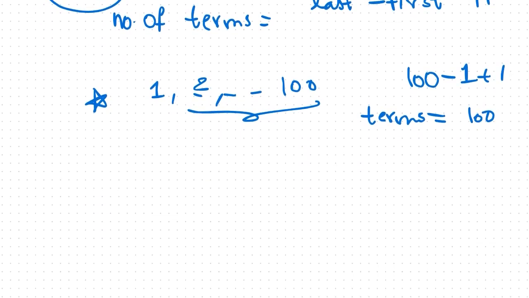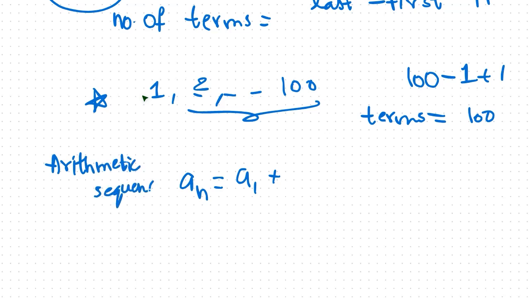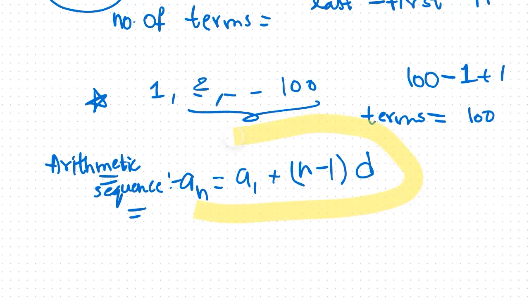If you remember the formula from before, we were talking about the arithmetic sequence: an is equal to a1 plus n minus 1 times d, that is, n minus 1 into d. Number of terms means which variable here? n.